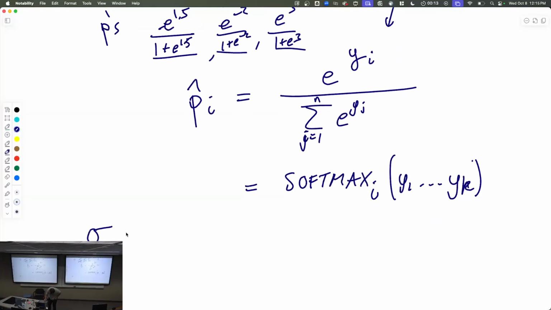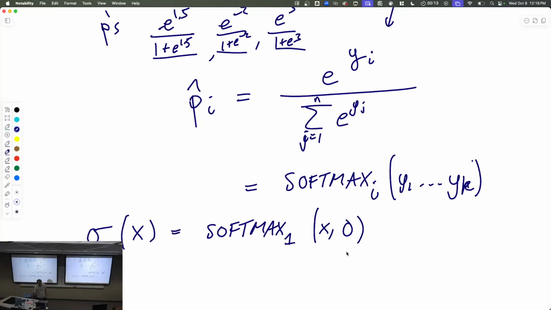The sigmoid of x is the first component of the softmax, where you take x and you put in a 0. So if you always put in a 0, then the sigmoid will be the first component, and 1 minus the sigmoid will be the second component. The 1 minus the sigmoid of x is equal to the sigmoid of minus x, which is the other component, the softmax of 0, x.